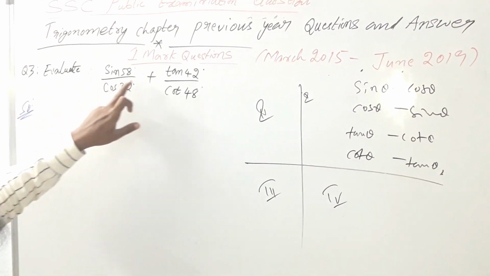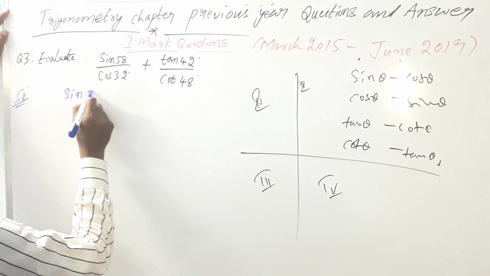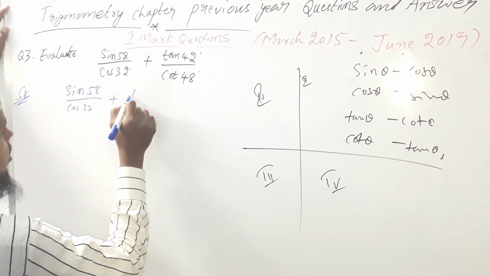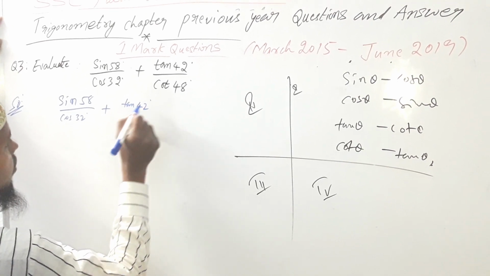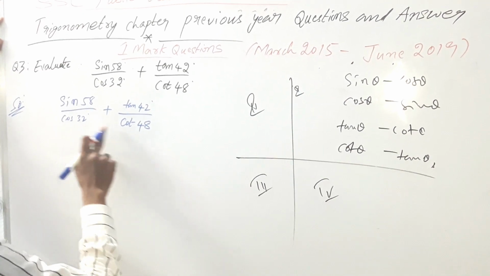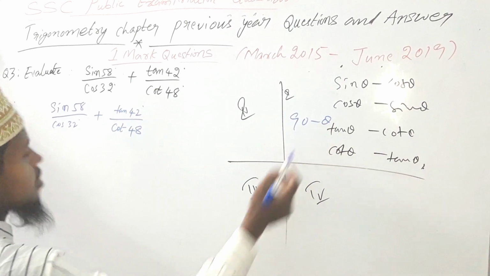Now another question. Evaluate sin 58 by cos 32 plus tan 42 by cot 48. In the denominators, cos and cot, I change like 90 minus theta from the first quadrant.